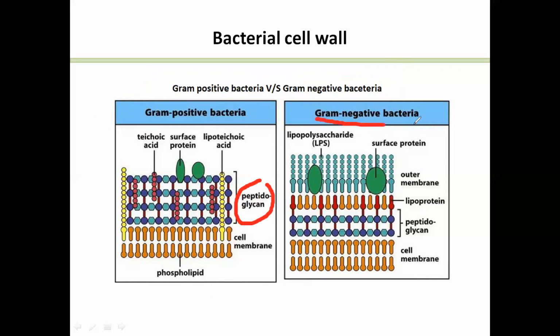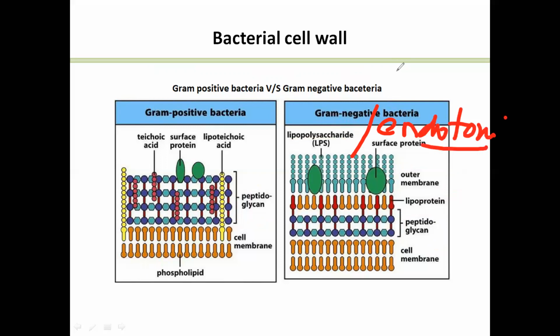But in case of gram negative bacteria, this peptidoglycan is thin, and outside this peptidoglycan there is another layer which is called the outer membrane. And this outer membrane is most importantly made up of lipopolysaccharide, and this lipopolysaccharide is also called endotoxin.